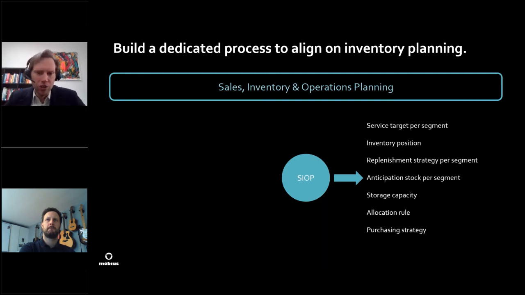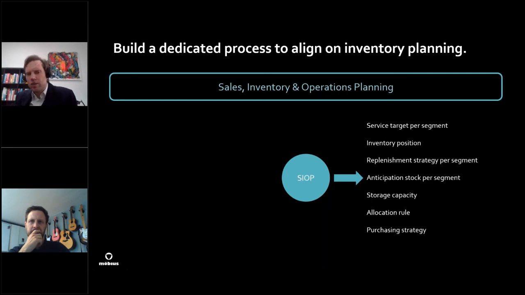So if you have seasonal products, at some point you will need to decide whether you keep the inventory you build for the season locally, or whether you would push it out into the field, right? So that decision is very important for the speed of service, but of course also for the obsolescence risk, right? Especially if you don't have an efficient way of rebalancing once the inventory is in the network. Storage capacity, allocation rules, etc.